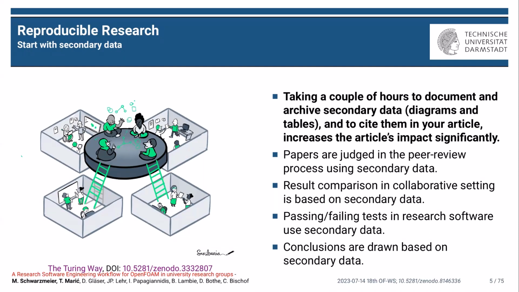If you consider how often you write an article, say every half a year, if you spend a whole day just to archive it and to cite it, which is probably a conservative estimate, then you're having 2 days per year for being able to reproduce your own research.